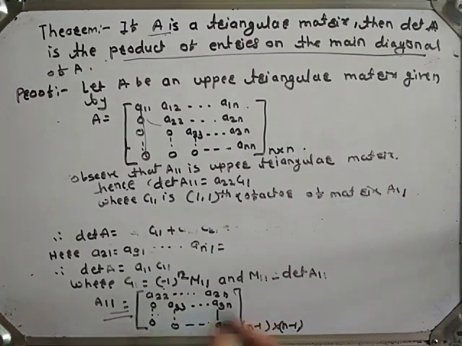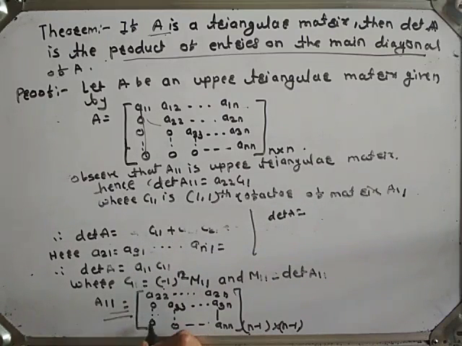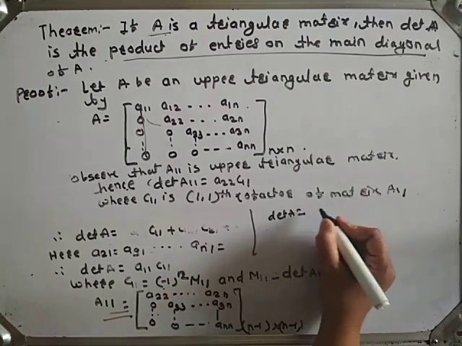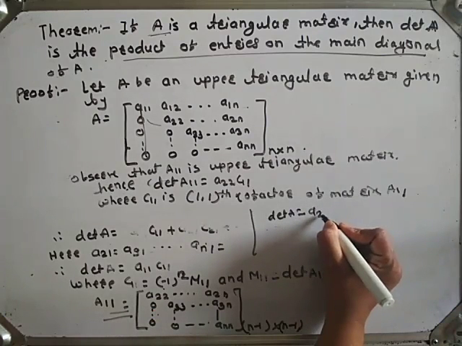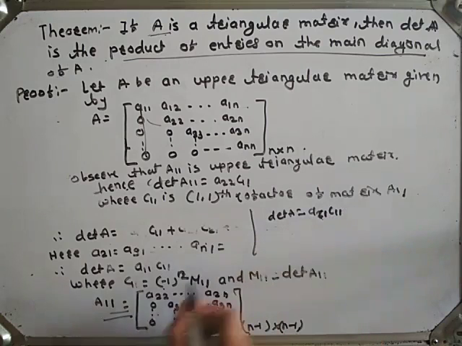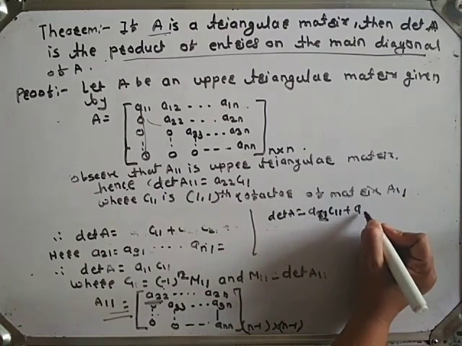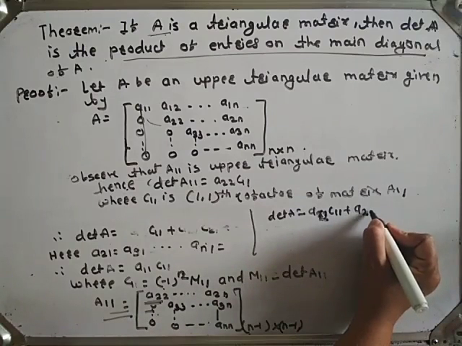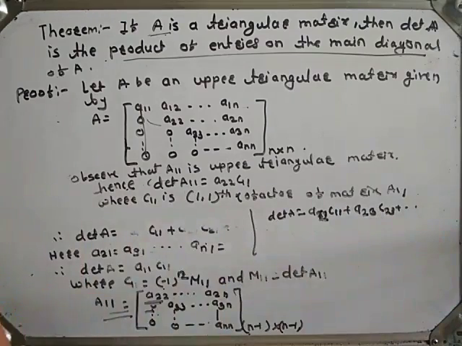Here for this matrix, we are calculating determinant by using cofactor expansion across the first column. So the formula is A11 C11, here A11 is A22, plus A23 C23 and so on.